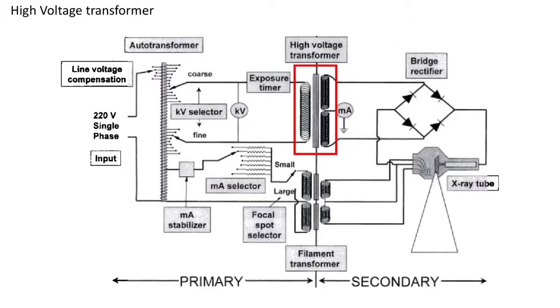So the next component is a high voltage transformer. What's important again here is that we have a transformer. It's called high voltage because this transformer takes the AC signal on this part of the circuit, and it amplifies it to high voltages.